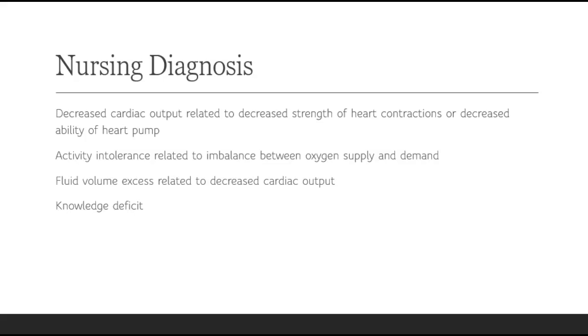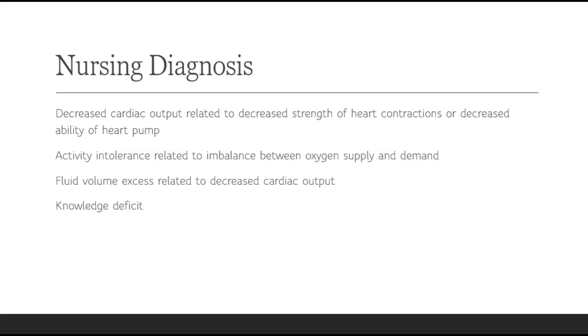Also, fluid volume excess. This is going to be a big one with your heart failure patients. It's going to be related to decreased cardiac output, and you need to make sure that you tailor this specifically to your patient, because a patient with left and right-sided heart failure can have fluid volume excess. It just depends on what side they have is where that extra fluid is.